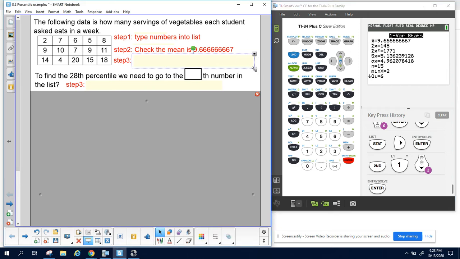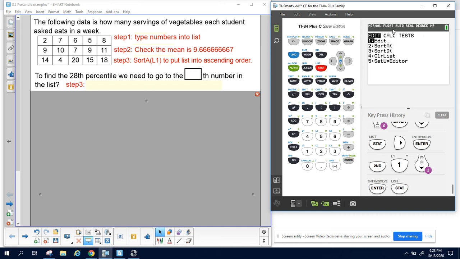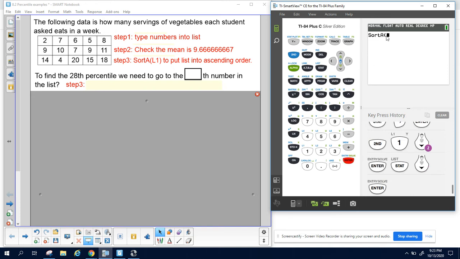The third thing to do when working with percentiles is to make sure to sort your list. To put it in ascending order, you're going to push stat, but this time arrow down to sort A for ascending. When you push enter, you also have to tell the calculator what list you want it to sort. So one more time, the second button and whichever list you typed them in.